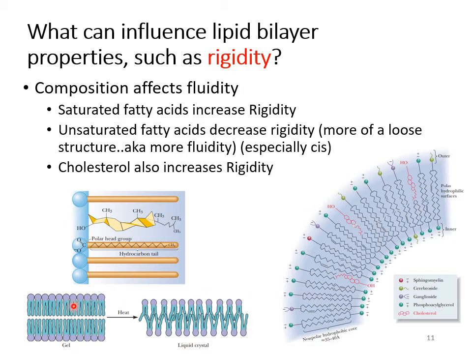And that's actually what this figure down here is meant to show you. As you increase heat, membranes can go from a gel phase to what's called a liquid crystal phase, which, as you can see, is a more fluid, spread out phase rather than the very rigid, tight gel formation here.